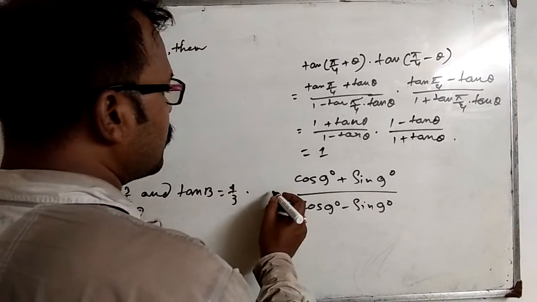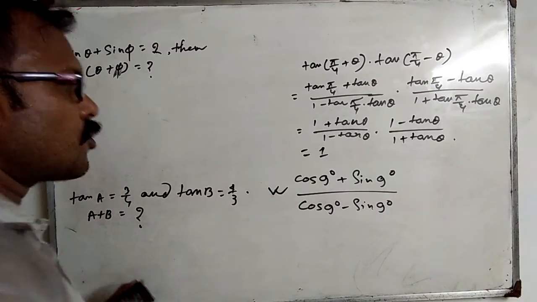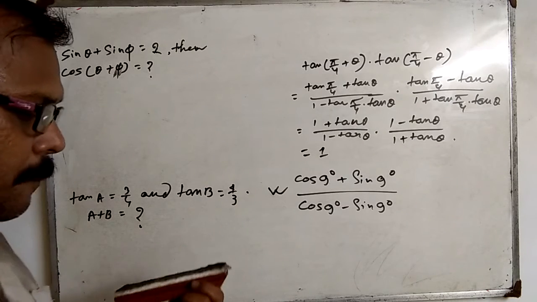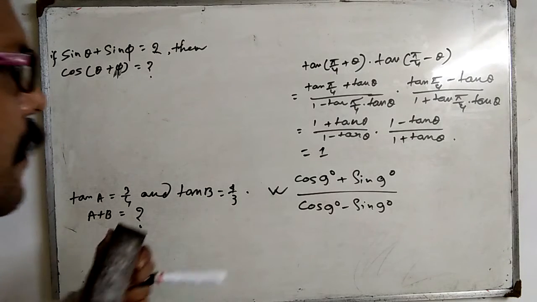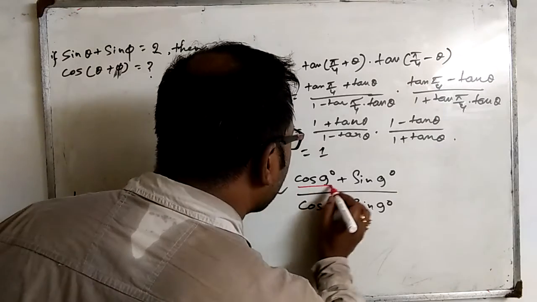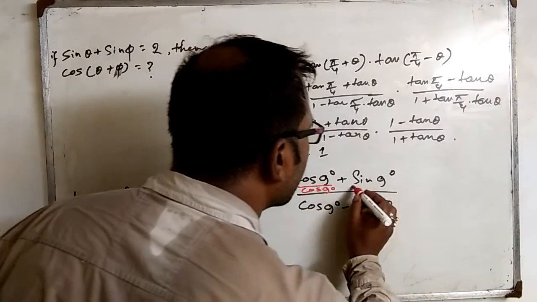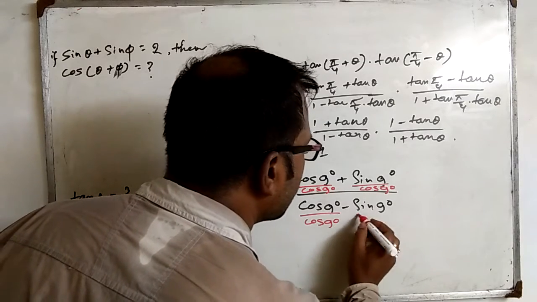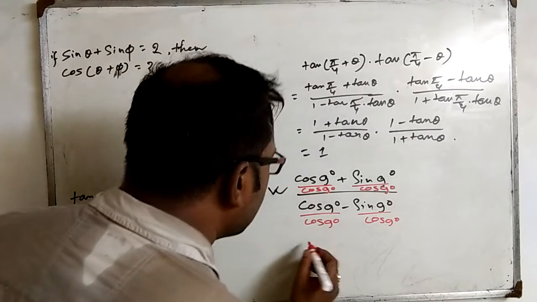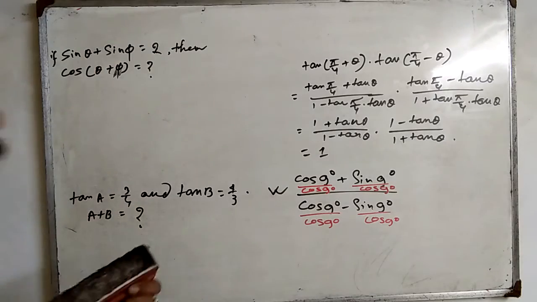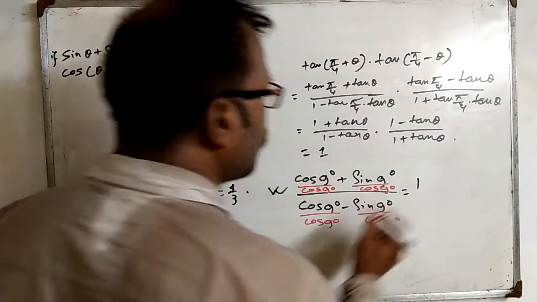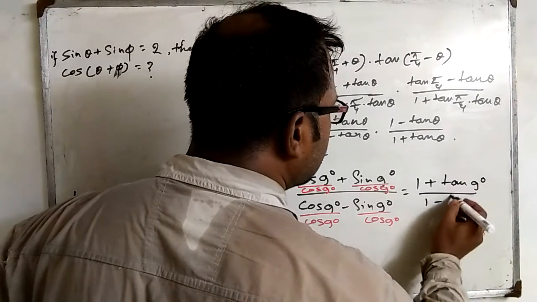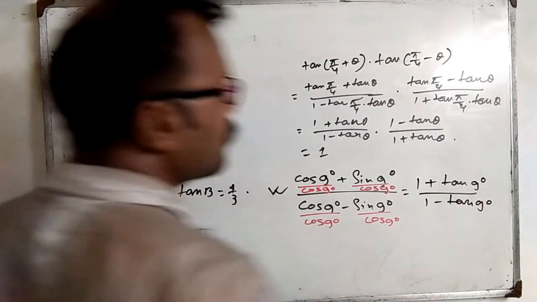Now see the next problem: cos 9 plus sin 9 divided by cos 9 minus sin 9. Simply, we divide by cos 9 throughout. So that is equal to 1 plus tan 9 divided by 1 minus tan 9.